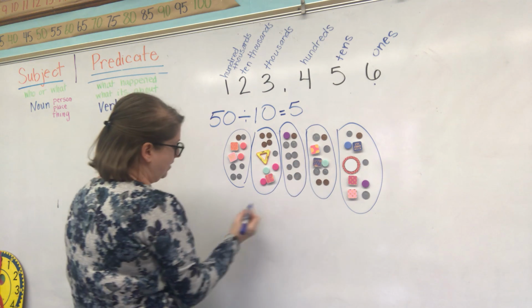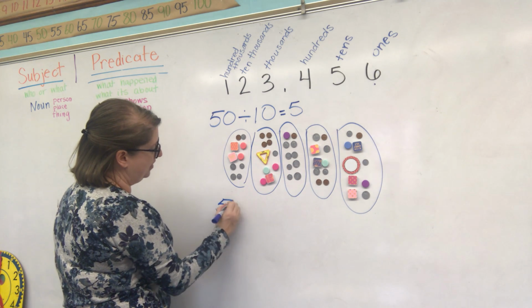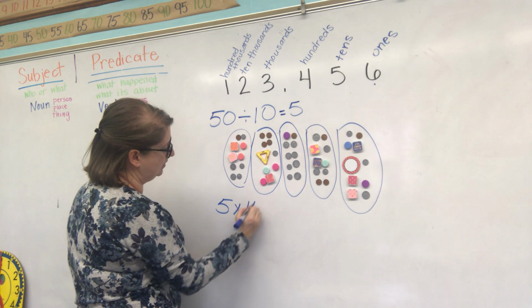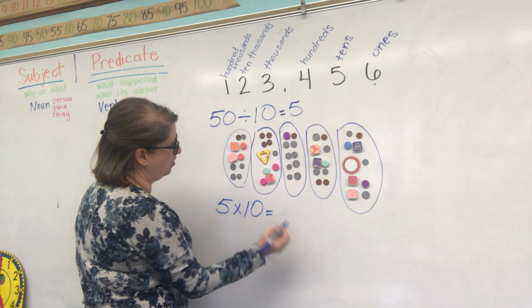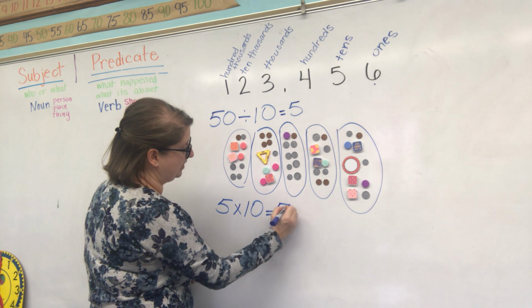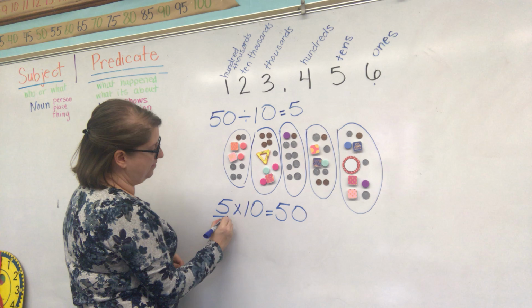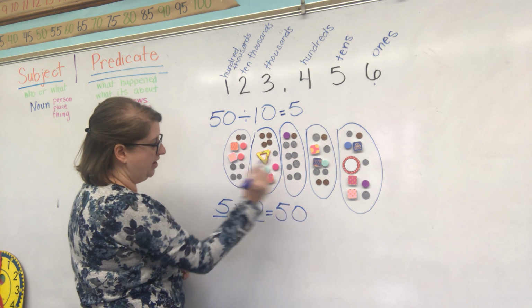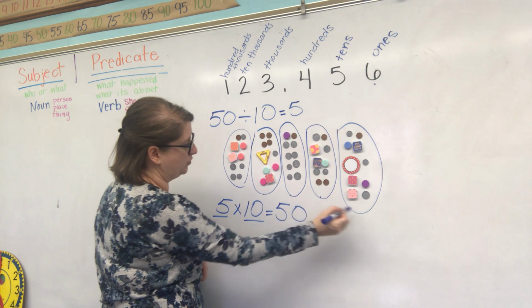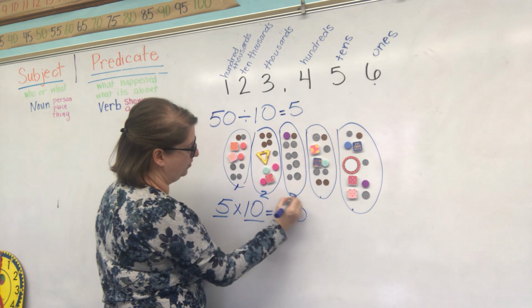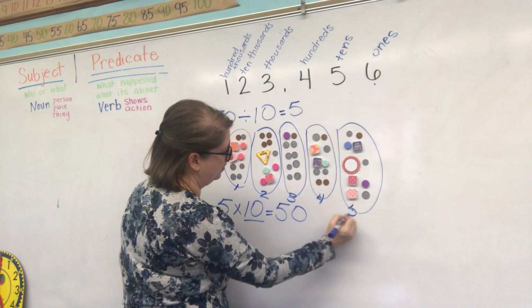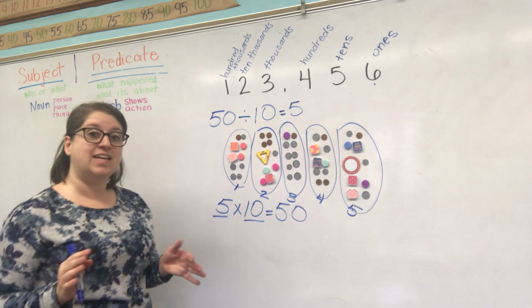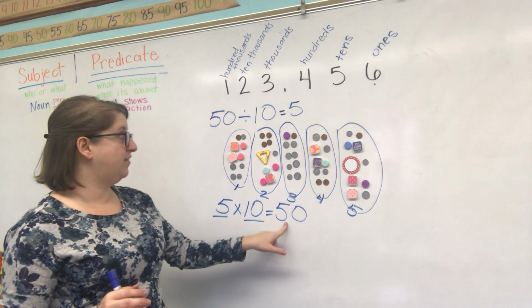So flip-flopping it would be 5 times 10 equals 50. 5 groups of 10. So here are the 5 groups. 1, 2, 3, 4, 5 groups with 10 in each one is going to be 50.